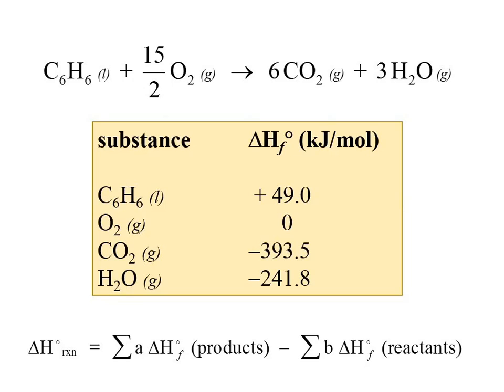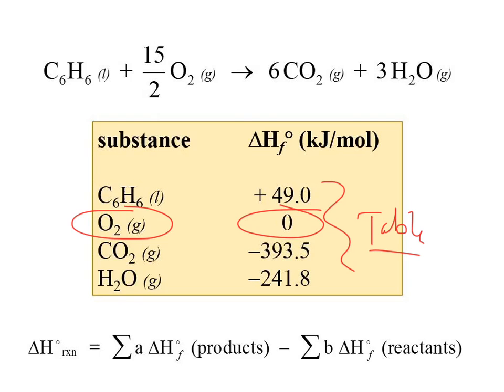Now, one of the things I said is that if you have something like oxygen that is in its standard state, uncombined elemental form, the standard molar enthalpy of formation is 0. These other things we just get from the table. That's where they come from.